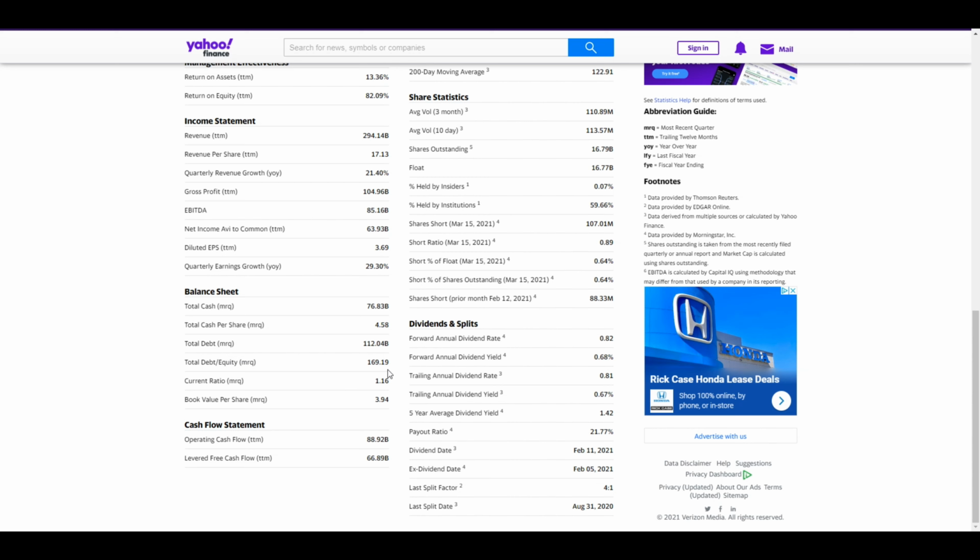Debt over equity is a measurement of how the company is financing operations. Is it doing so through selling more shares to the market, or is it doing so by taking out debt? So as you can see here, it's doing so by taking out more debt, which makes sense because interest rates are really low and a lot of companies are doing that as well.